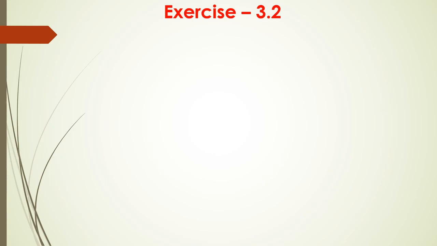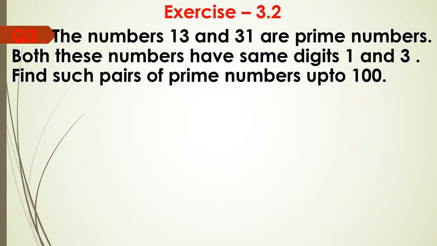Question number 3. The numbers 13 and 31 are prime numbers. Both have only two factors, 1 and the number itself. So these two are prime numbers. Both these numbers have same digits 1 and 3.